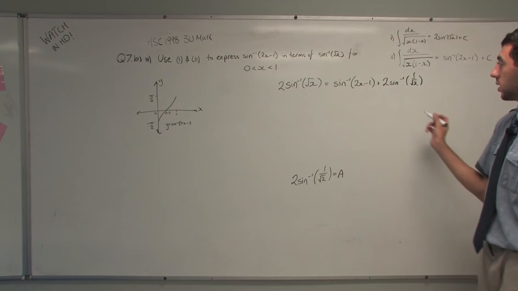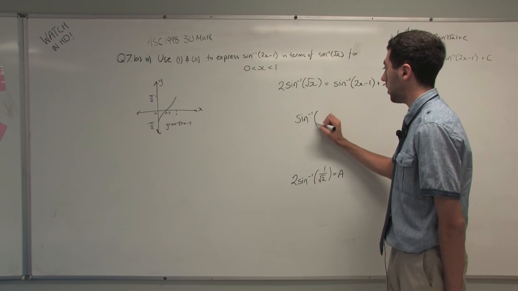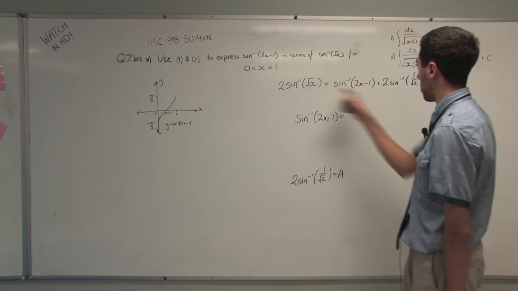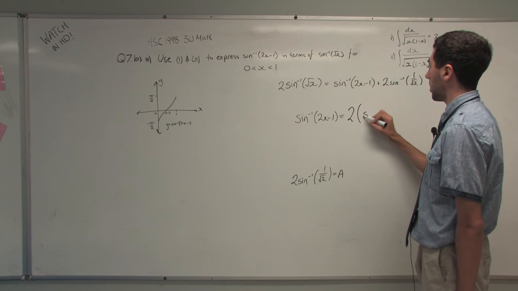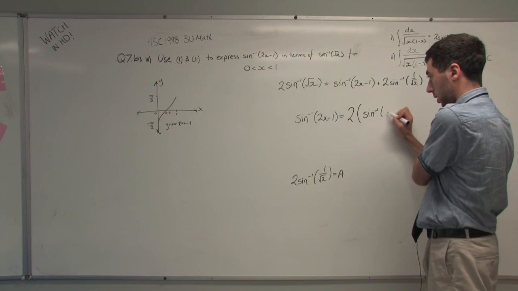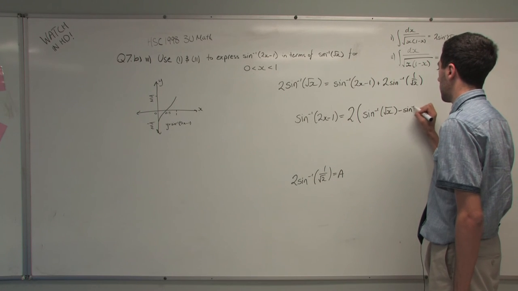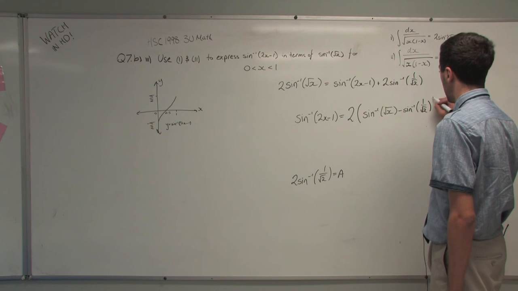Now all I have to do is bring this over to the other side. Sine inverse 2x minus 1 is equal to, because they both share the 2, I'm going to take 2 out, and that will be equal to 2 times sine inverse square root of x minus sine inverse 1 over root 2.